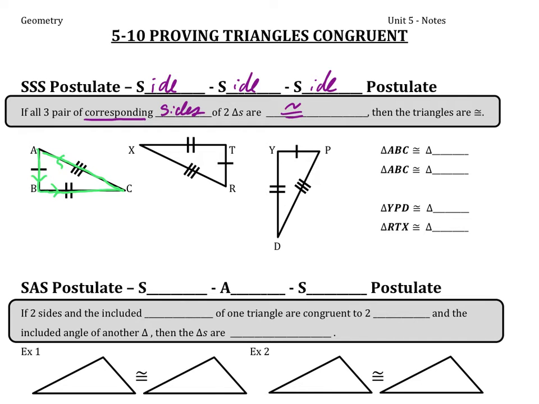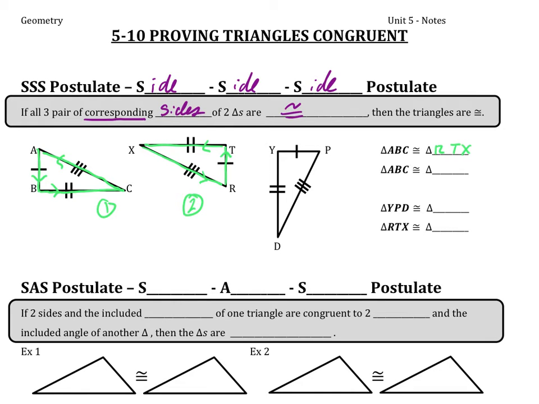So let's try to say that this first triangle is congruent to this second triangle. So I want to start by going across the single tick mark side towards the double tick mark side, just like I did in that first triangle, and then across the triple. So single to double to triple. So I would say triangle ABC is congruent to triangle RTX.